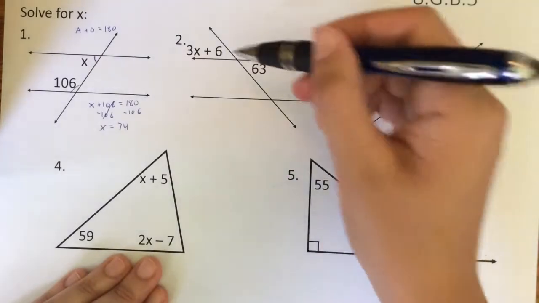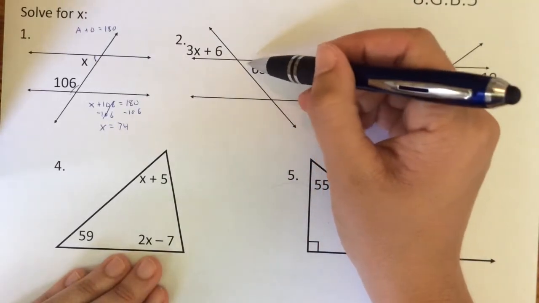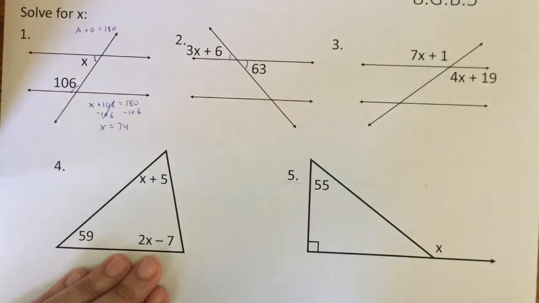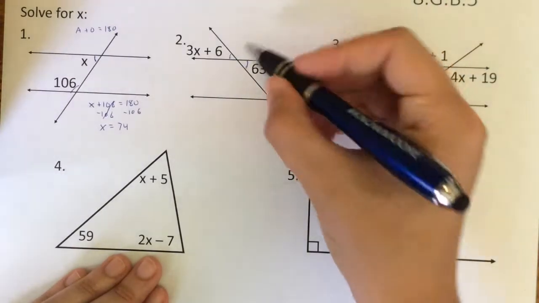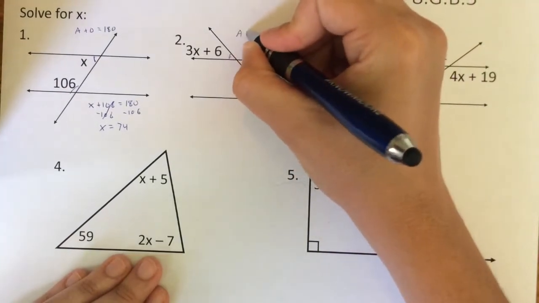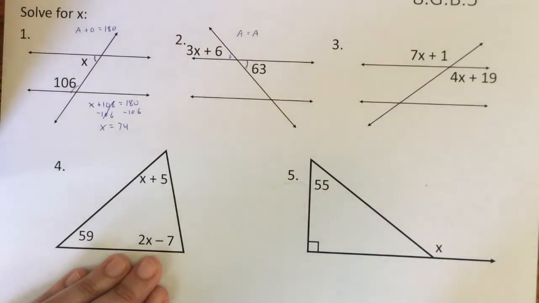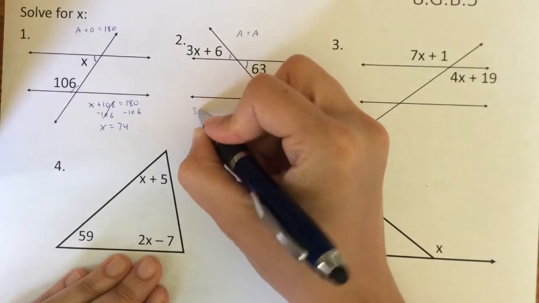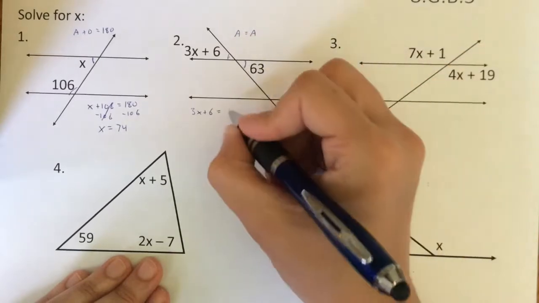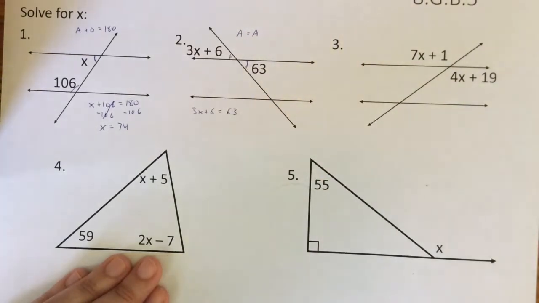Number two, the two angles that I have here are vertical angles. They make this bow tie shape. Vertical angles equal each other. You can also remember, this is an acute angle, this is an acute angle. An acute angle is going to equal an acute angle. So I'm going to set that up by saying 3x plus 6, my first angle, is going to equal 63, my second angle.